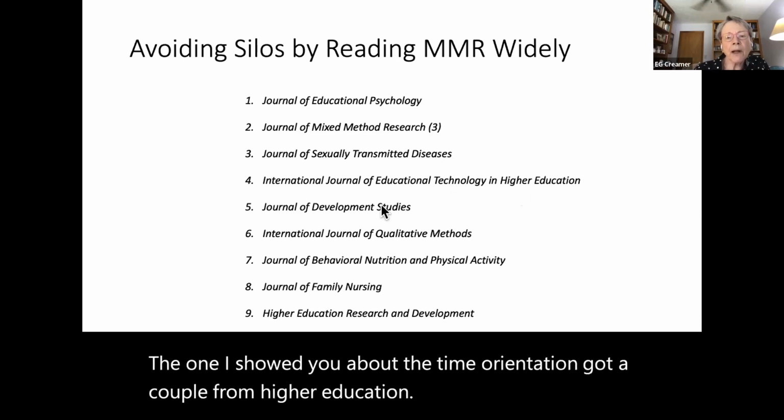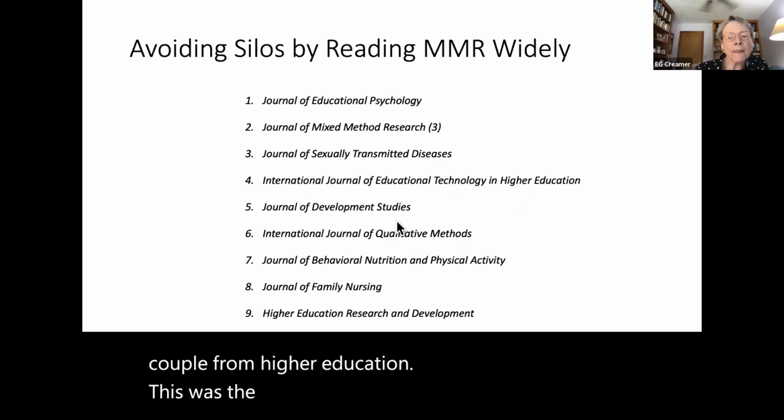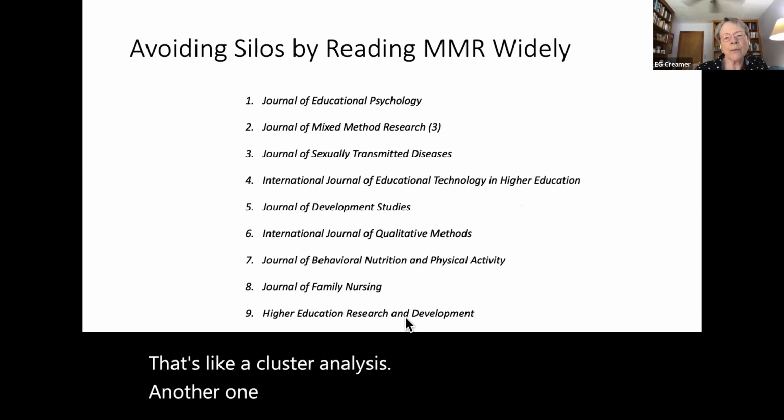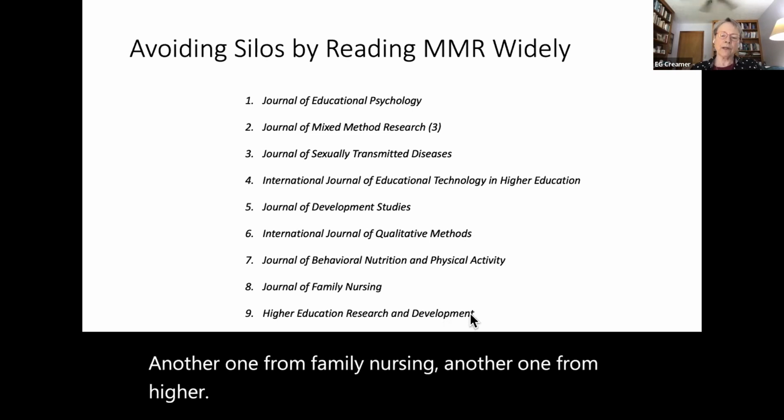This was the timelining example. This was the one that came from qualitative software that's like a cluster analysis. Another one from family nursing, another one from higher education, research, and development.